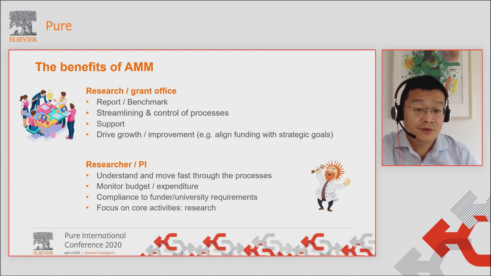It can help them to streamline and control the internal approval process. And with the end-to-end information, in-depth analysis can be carried out to find out opportunities and bottlenecks, and to cater the support correspondingly, and then to improve and drive the growth of the university.